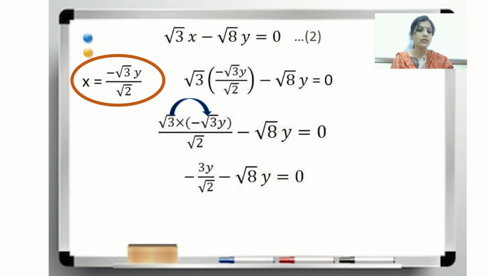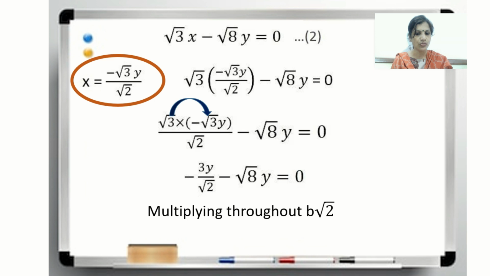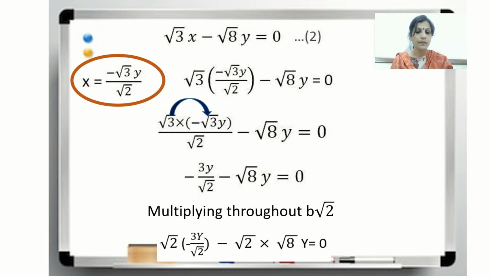So in that case, what do we do? We multiply the equation throughout by √2 so that our denominator will get cancelled. So look over here, √2 into the first term, that is −3y upon √2, minus √2 into √8y is equal to 0 into √2, which is 0.